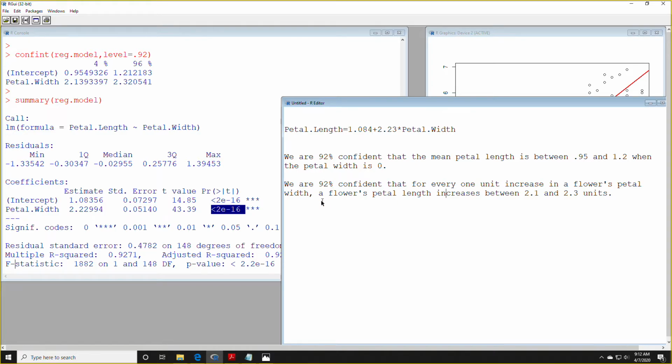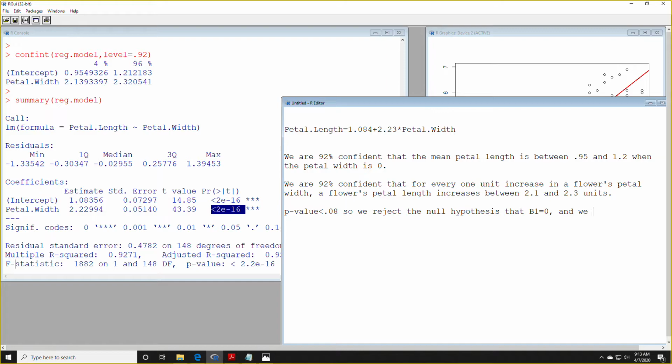So the p-value, which is basically 0, 2 times 10 to the negative 16th, is less than alpha, the significance level. I'll go ahead and call it 0.08.